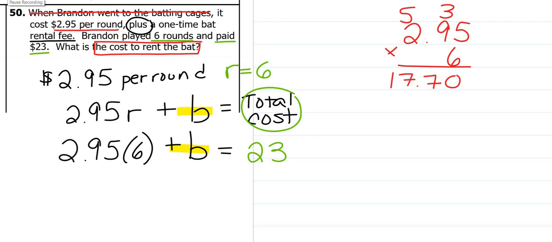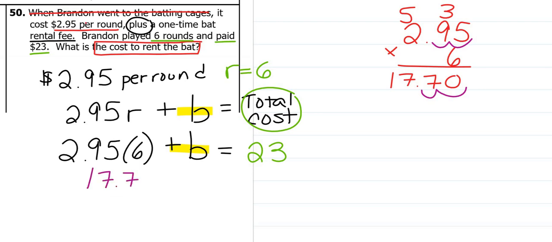Now remember, you put the decimal between the two sevens because there are 2 decimal places to get from the 5 all the way to the decimal, so we have to count the same amount here. All right, so $17.70.